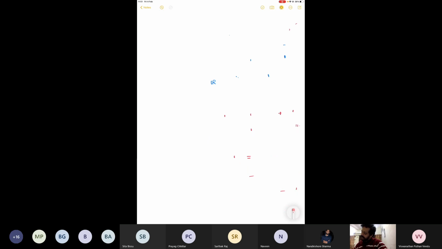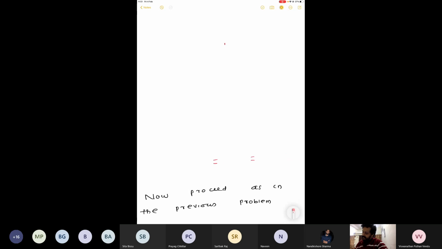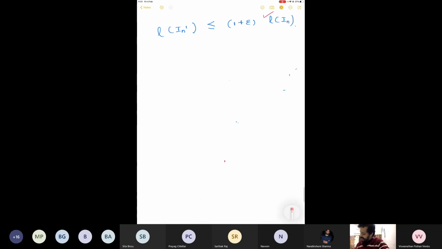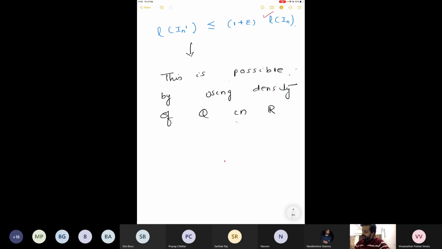I was just convincing myself whether it is possible or not. I would write, this is possible by using the density of Q in R. Once you have that, you can proceed as in the previous problem.